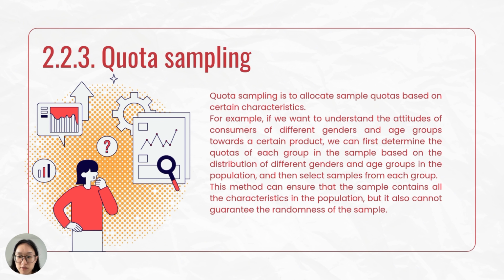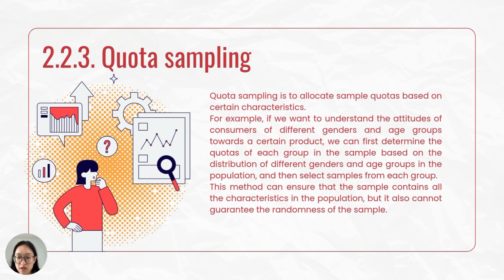Suppose we want to understand the attitude of customers of different genders and ages toward a certain product. We can first determine the quotas of each group in the sample based on the distribution of different genders and age groups in the population, and then select samples from each group.